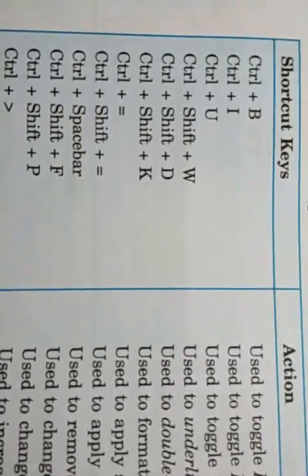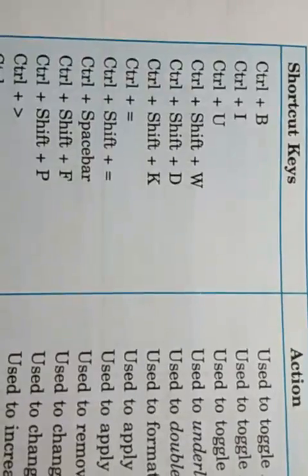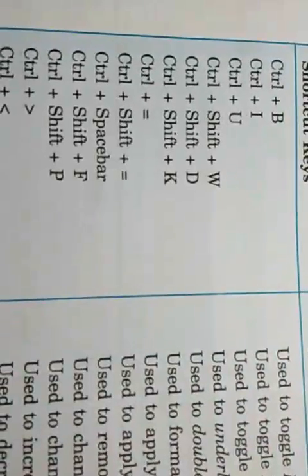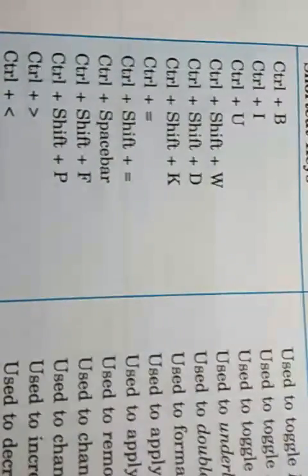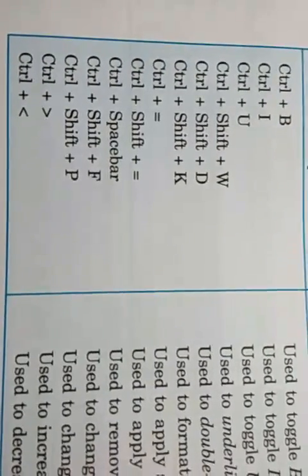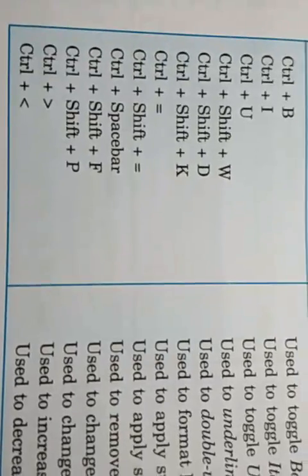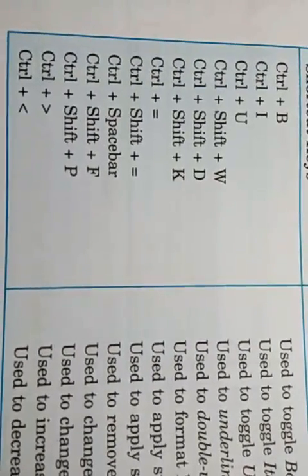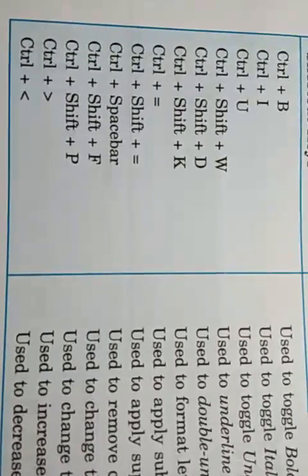First your data should be selected, then you can press the shortcut key. Or if you want the effect on first, you can press Ctrl plus B, so the bold effect will be on, and when you are typing data from the keyboard, the data will automatically be typed in bold letters.